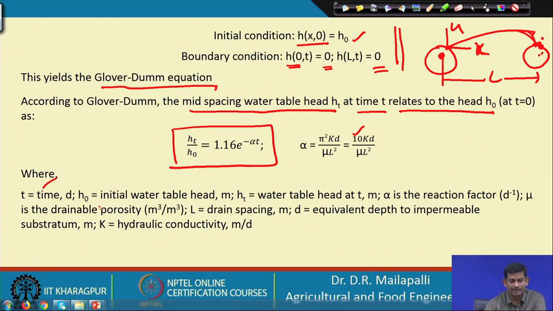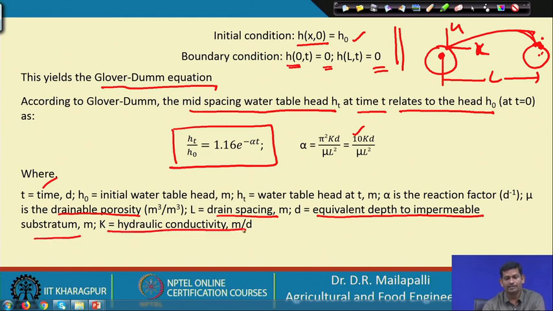T is the time in days, h naught is the initial water table, h t is the water table at time t, alpha is the reaction factor which is d power minus 1, and mu is the drainable porosity, L is drain spacing, d is the equivalent depth of impermeable stratum, and k is hydraulic conductivity.